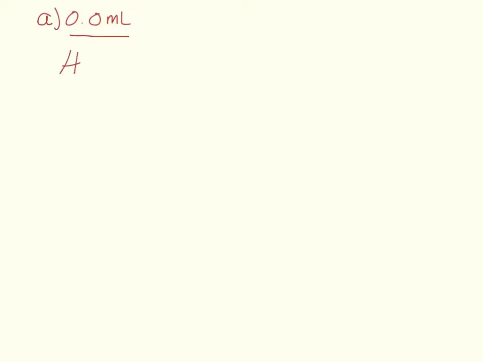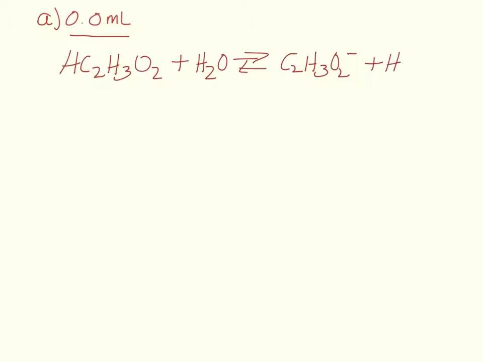So I'm going to write out the acetic acid, HC2H3O2. When you put it into water, it dissociates into its conjugate base, C2H3O2 minus, and you produce some hydronium ions.